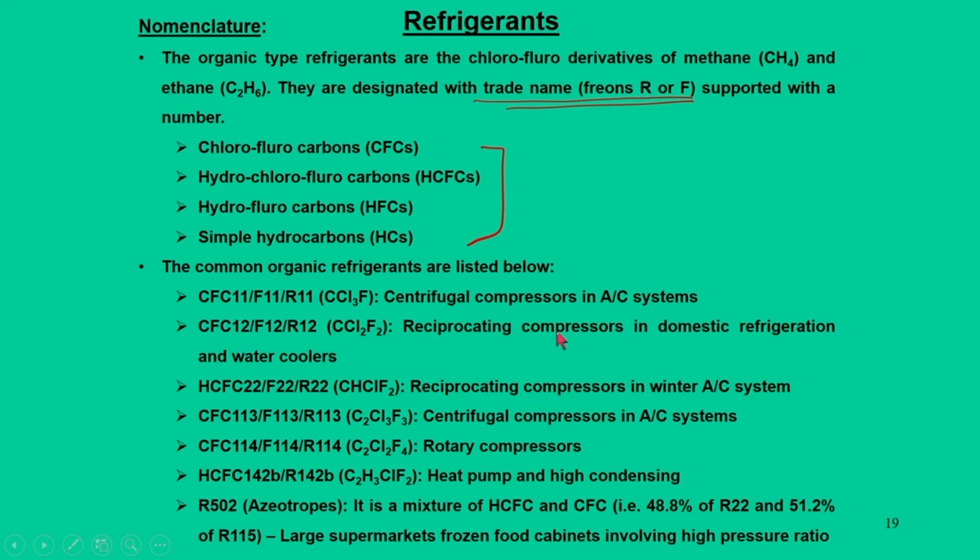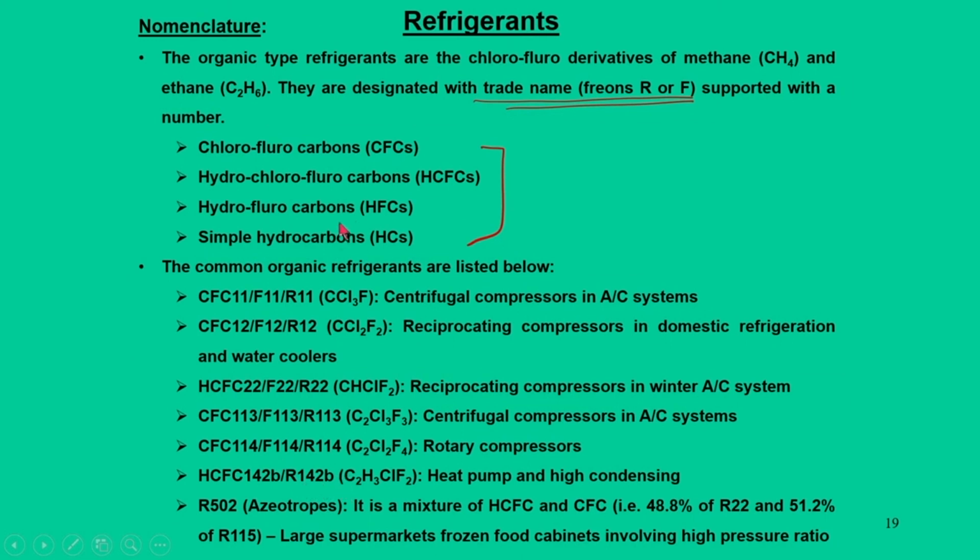But when you move to reciprocating compressors, R 11 may not be a good choice; rather R 12 may be another choice. For rotary compressors, we can have R 114. And for heat pump systems, one particular refrigerant could be R 142B.